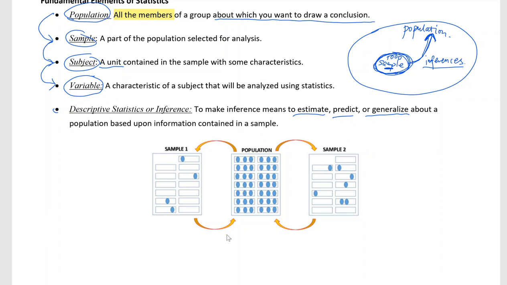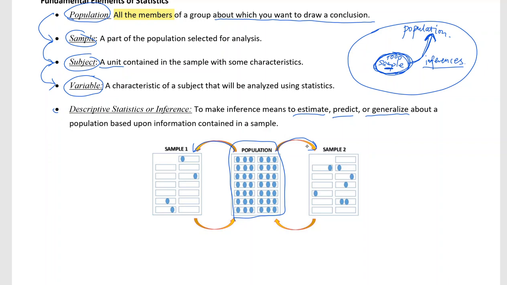Alright, so here I have a picture so that you get a better idea about what is going on. Now we have a big population here. From this population, I can randomly select one sample and I can randomly select another sample. They can be totally different, can be repeated, can be any kind of sample.